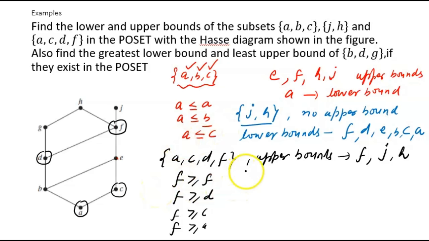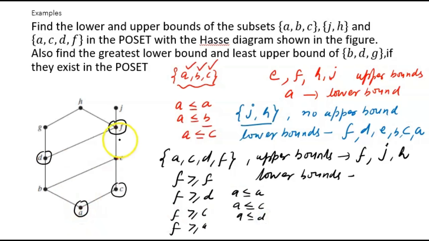And what are the lower bounds in this case? So let us talk about the lower bounds. Clearly you can see that A is less than or equal to C, A is less than or equal to D, and A is less than or equal to F. So A is a lower bound.